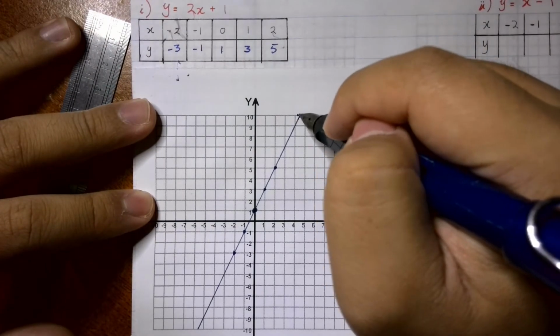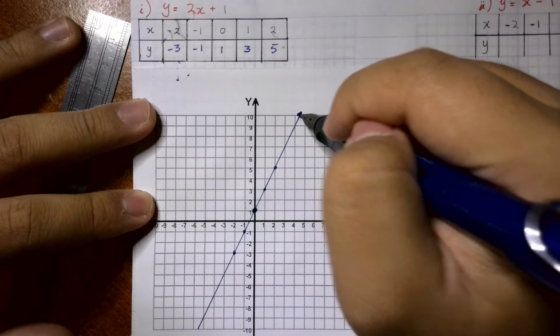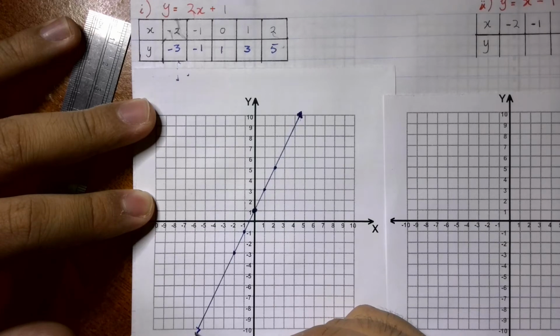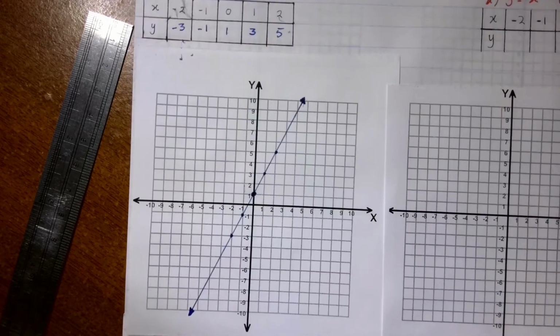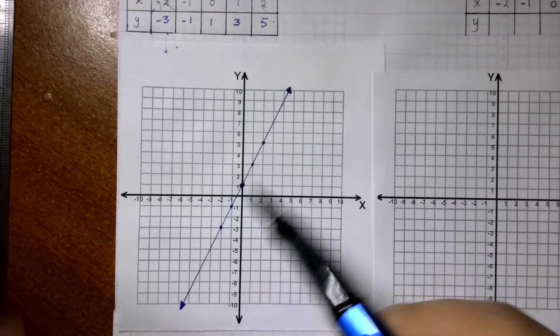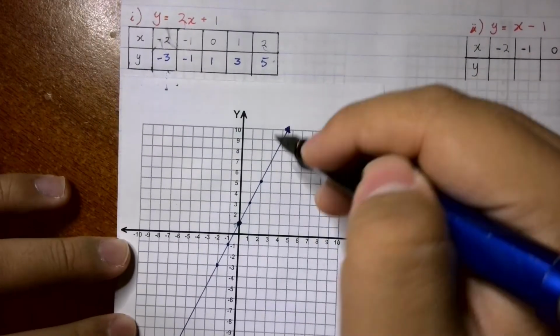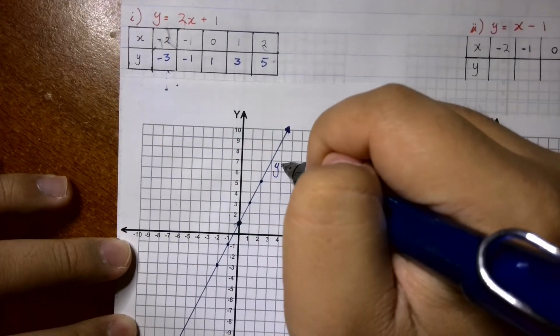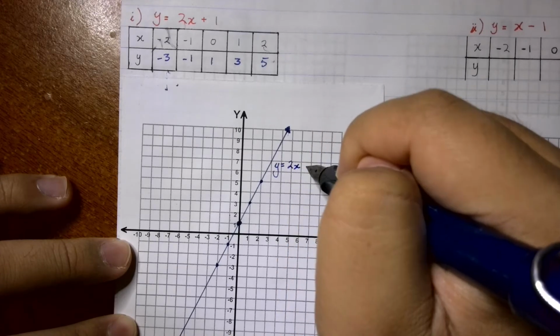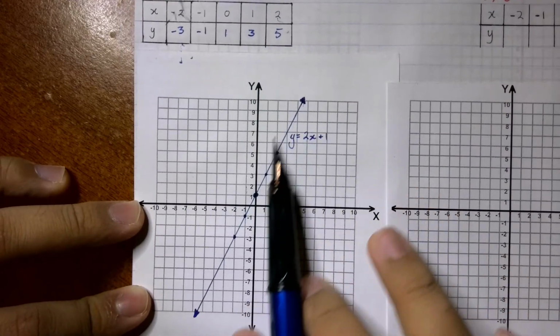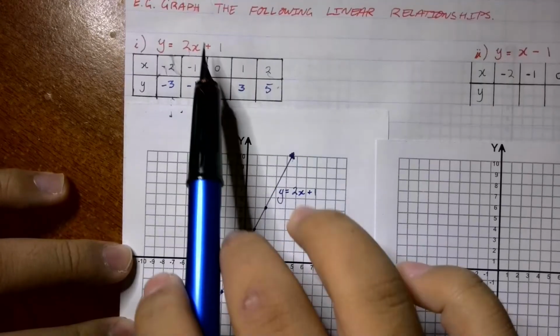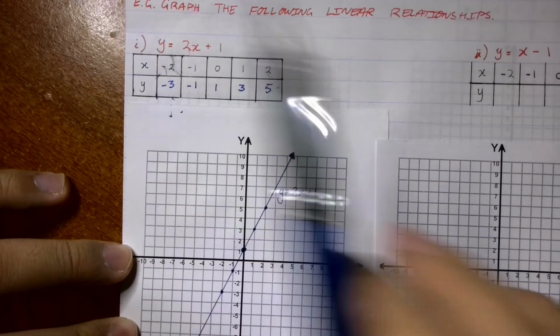How you draw it is that you extend it as far out as possible, and there are our points. This is our linear relationship, and just so you can see, this here is y equals 2x plus 1. So this line here represents this equation.